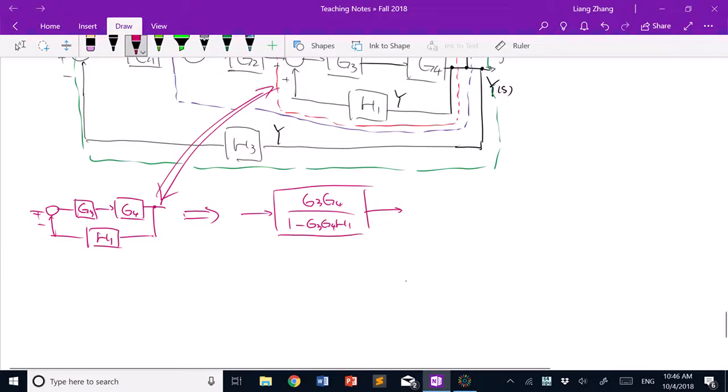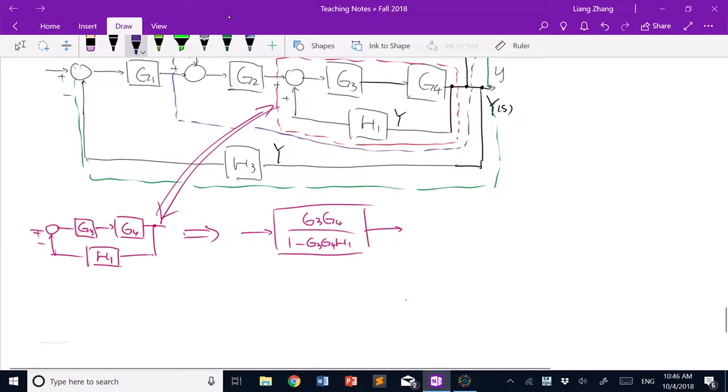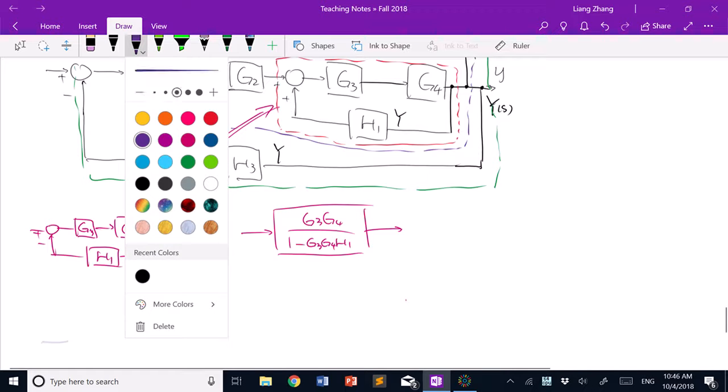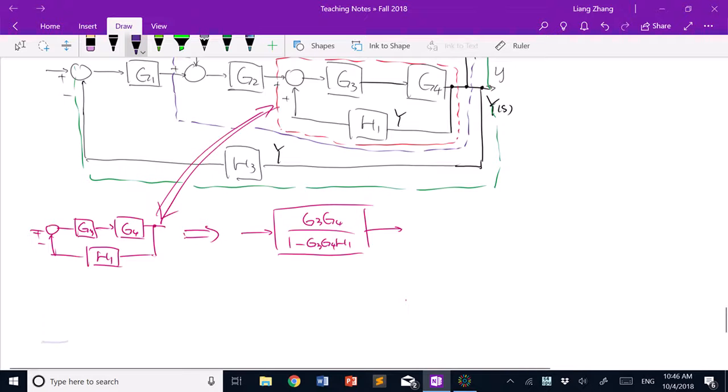Let's look at the boxed version. That will be what? I will draw this and you would immediately see how we can utilize that. And then G2.